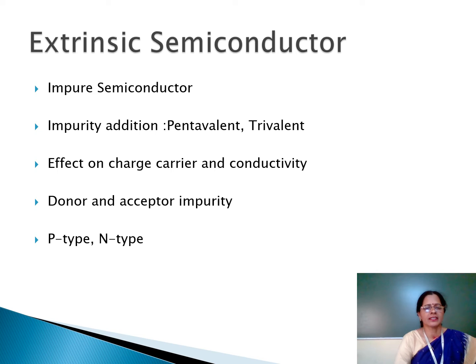Extrinsic semiconductor: first of all, we have to discuss some important points about extrinsic semiconductors. What is an extrinsic semiconductor? Basically, an extrinsic semiconductor is an impure semiconductor. The pure semiconductor is known as intrinsic, but that purity is not a good property for device manufacturing.